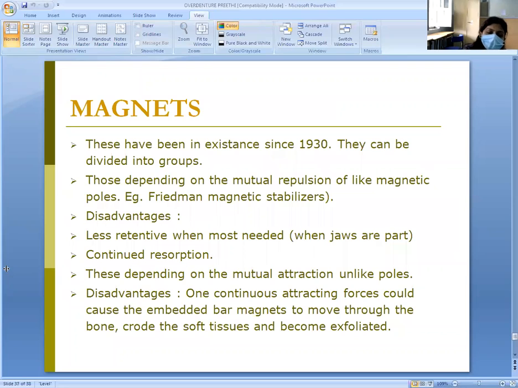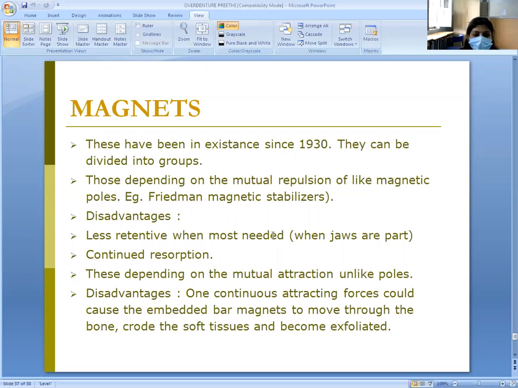Magnets. These types of attachment have been in existence since 1930, and they can be divided into groups. Those depending on mutual repulsion of like forces. The disadvantages of these attachments are that they are less retentive when most needed.